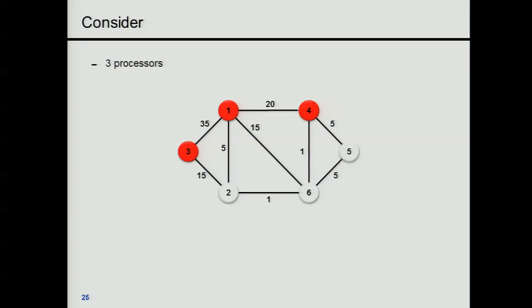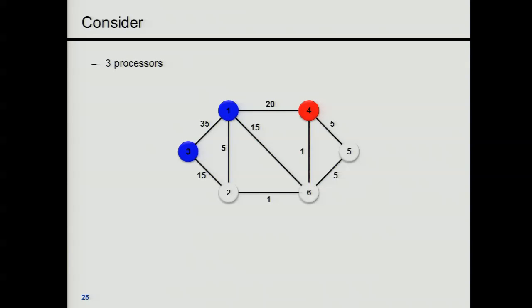Okay, so consider a situation where I have 3 processors. The first 3 nodes that will execute will be 1, 3, and 4, right? So these will be the edges. This edge will be picked, and then that edge will be picked.